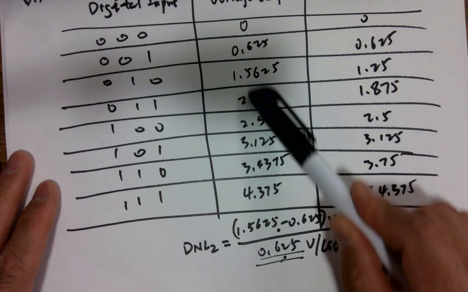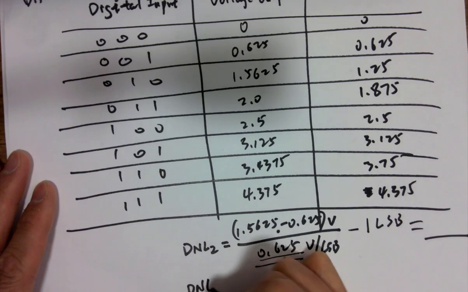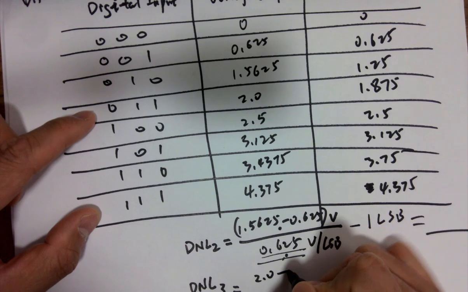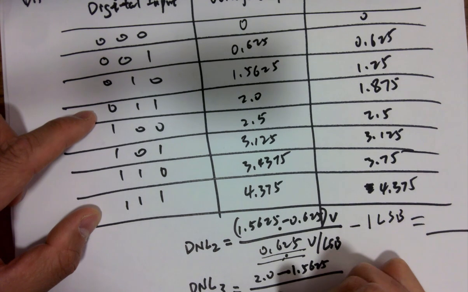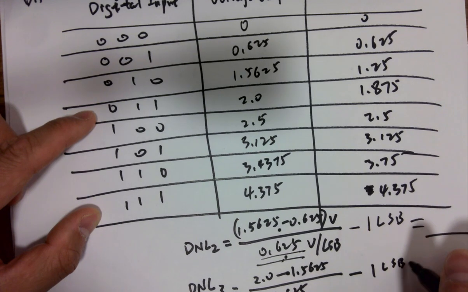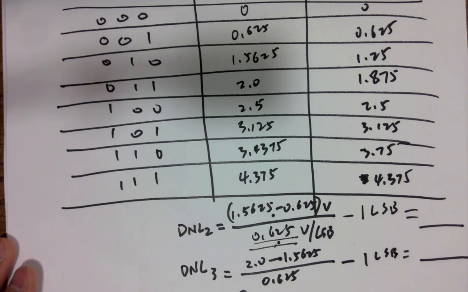So there's a DNL here as well. So that's DNL 3. DNL 3 is 2.0 minus 1.5625, divided by 0.625, minus 1 LSB. Okay.